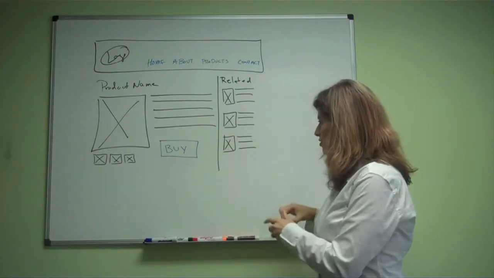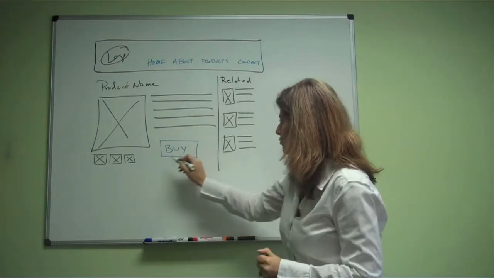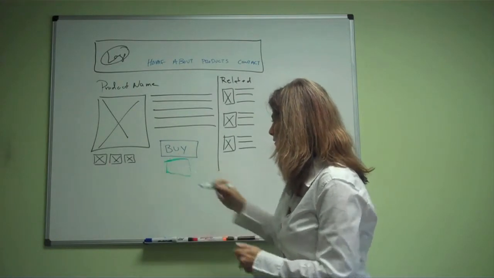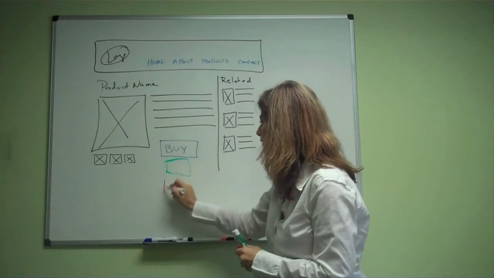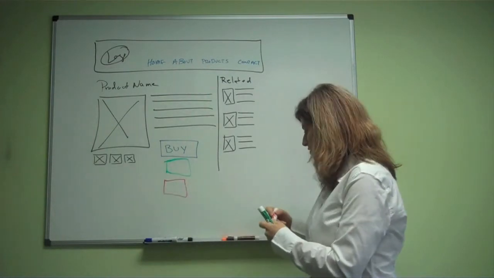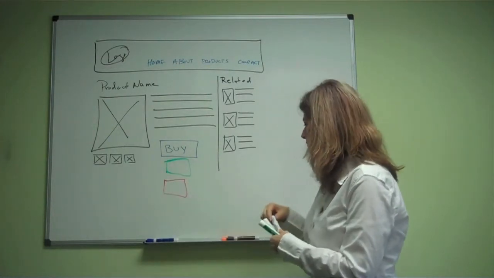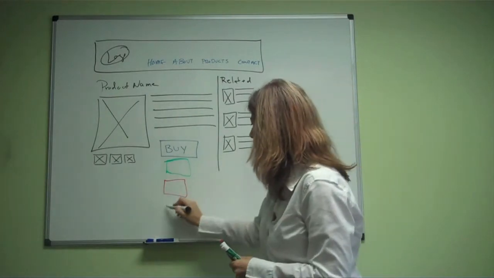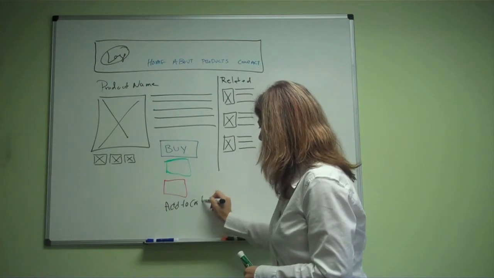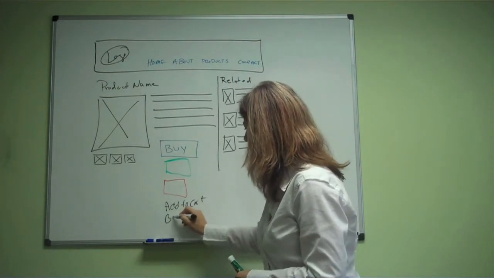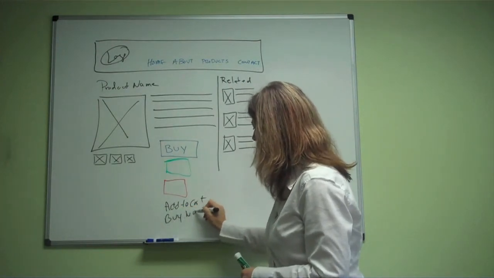So we could change the color. Another version would be green. We could do another button color of red. We could change the text to say add to cart, or buy now.